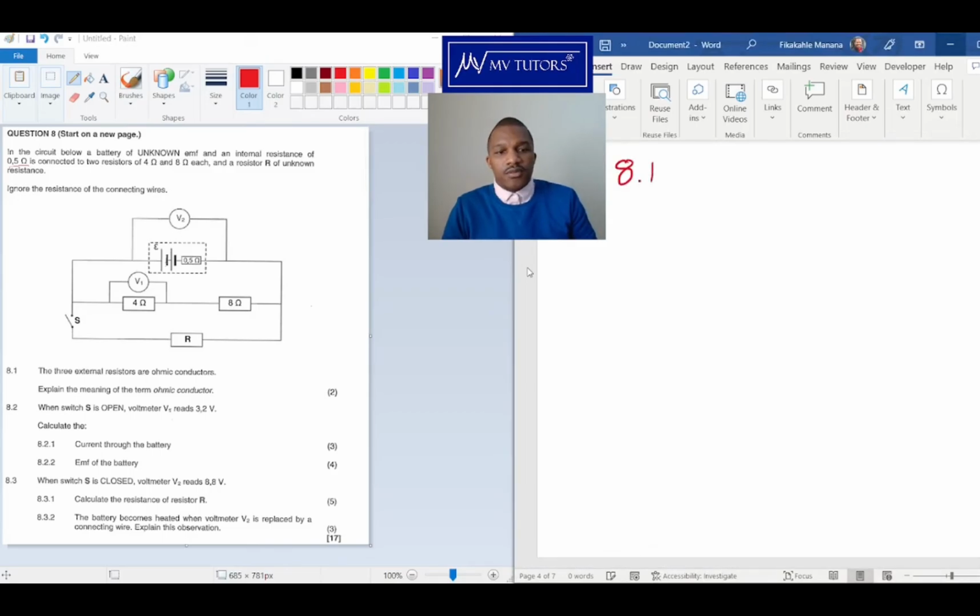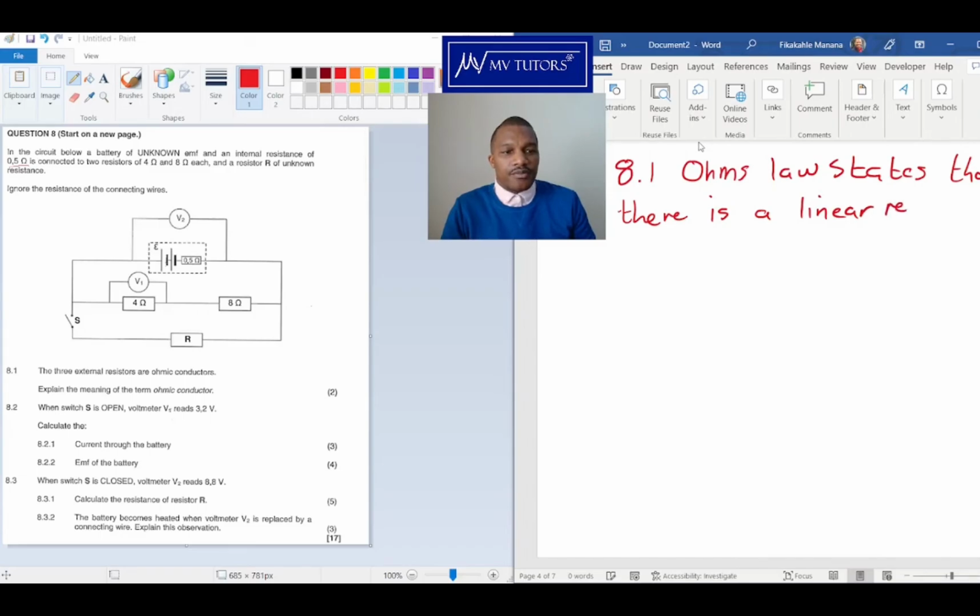So 8.1. First we're going to say Ohm's law because it has to do with ohms. Ohm's law states that there is a linear relationship between two things. What are they?